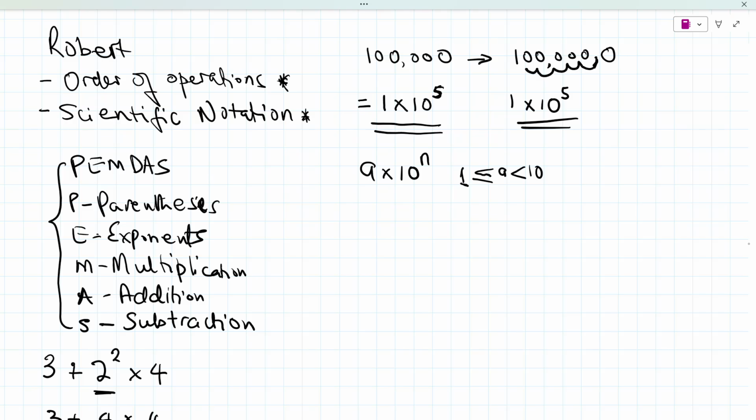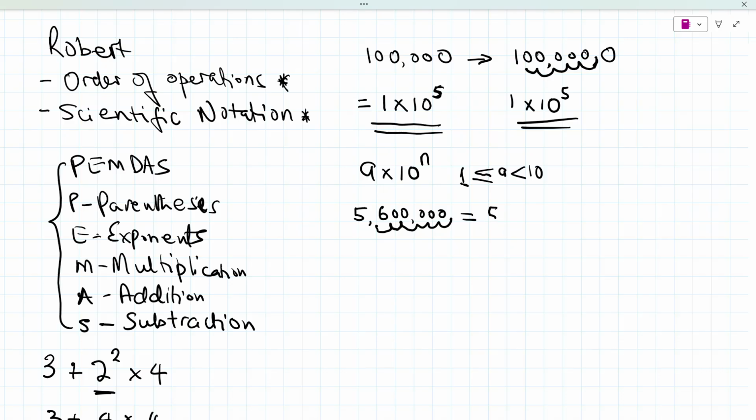Let's look at another example. If we had 5 million 600,000, this would mean we move the decimal point from the end here, 1, 2, 3, 4, 5, 6, because we will now have a number which is equal to 5.6, which is between 10 and 1.